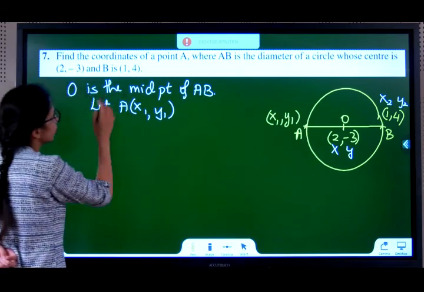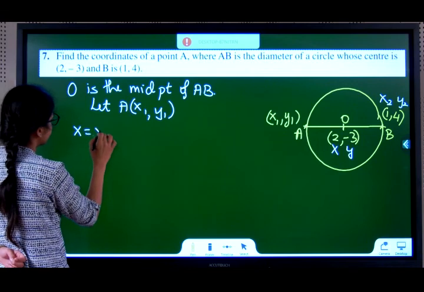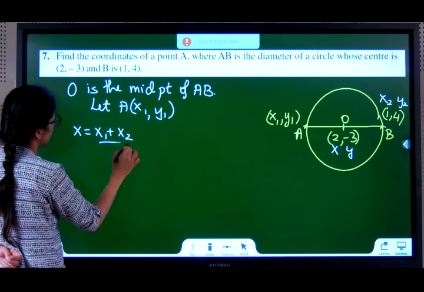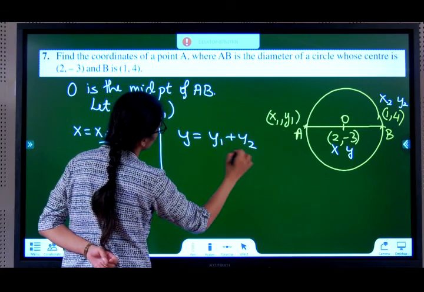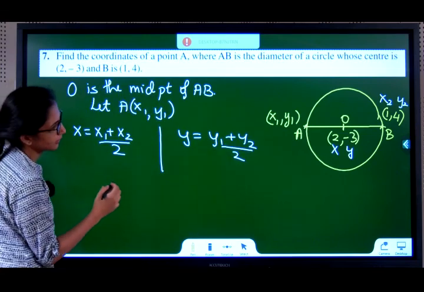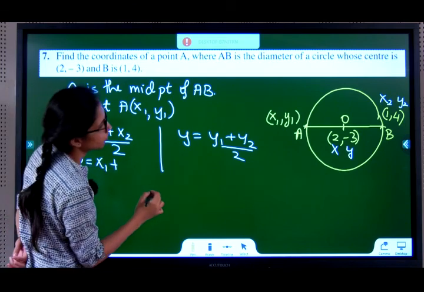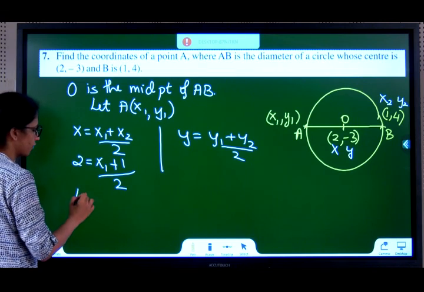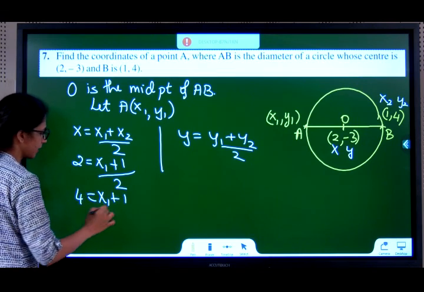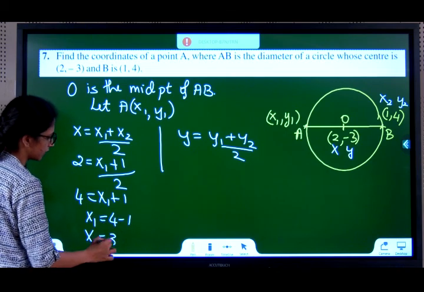Since O is the midpoint, I can apply the midpoint formula and say x equals (x1 + x2)/2 and y is equal to (y1 + y2)/2. What is x? 2. x1 I have to find, x2 is 1, divided by 2. Solve. 2 twos are 4 equals x1 plus 1. x1 is equal to 4 minus 1, x1 is equal to 3.